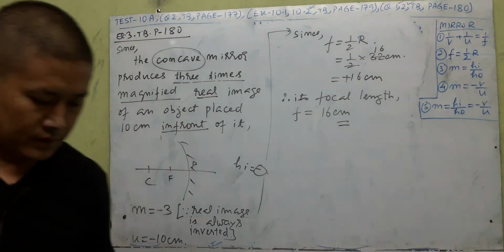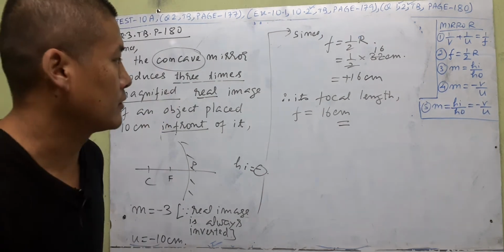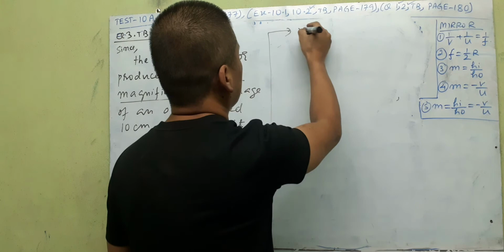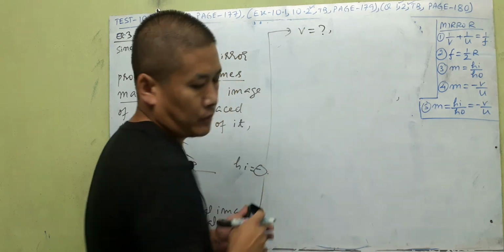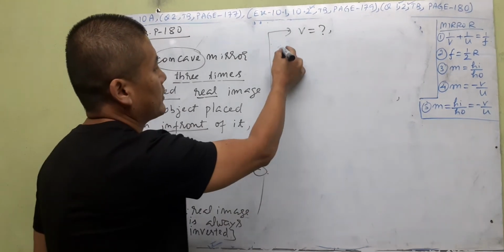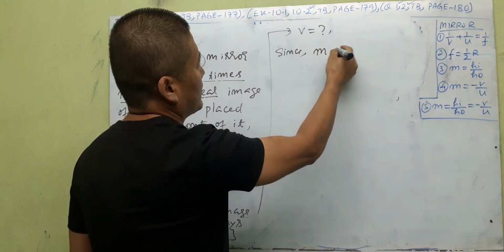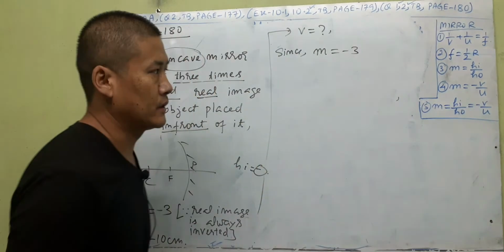Then what is the question asking us? Where is the image located? So you write here, V is question mark. That's what we have to find out. So let us write down, since we know that M is equal to minus 3, we'll use what is given.